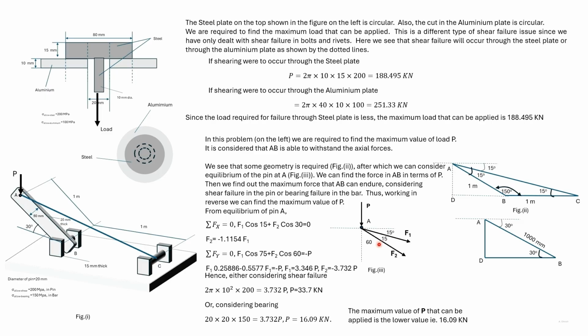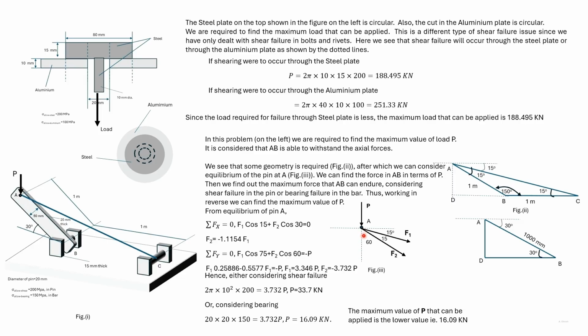Also, solving for the vertical direction, F1 cos 75 plus F2 cos 60 plus P is equal to 0. And now using both equations, we get F1 is 3.346P and F2 is minus 3.732P.